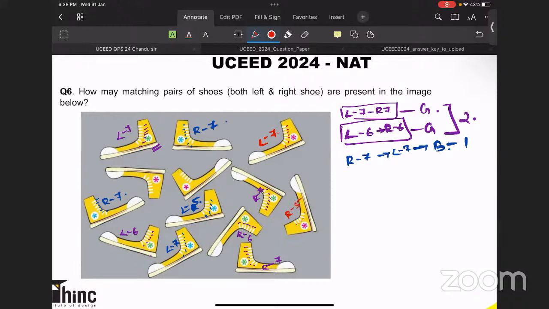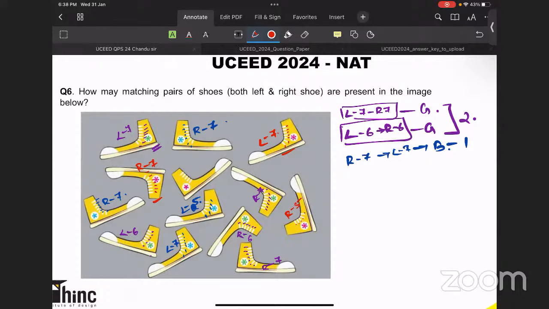This is right 5. They can't pair. And over here, this is right. 1, 2, 3, 4, 5, 6, 7. This is right 7. We have a left 7 and right 7. We could pair them.